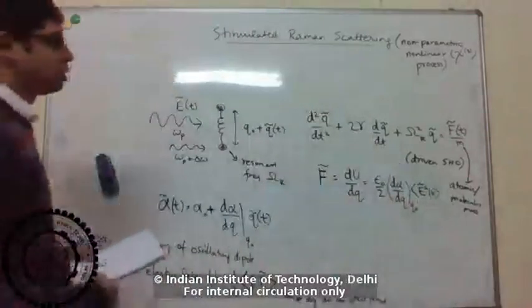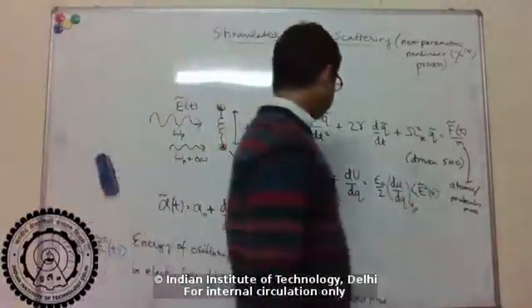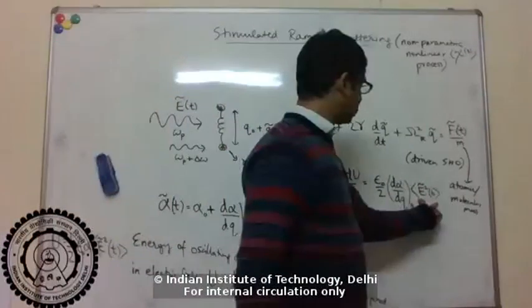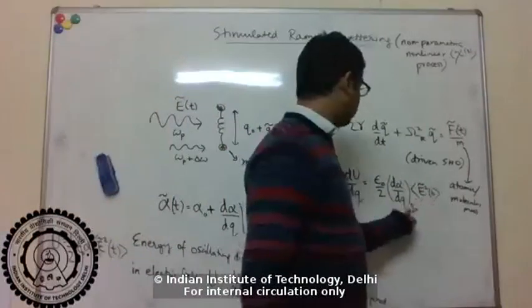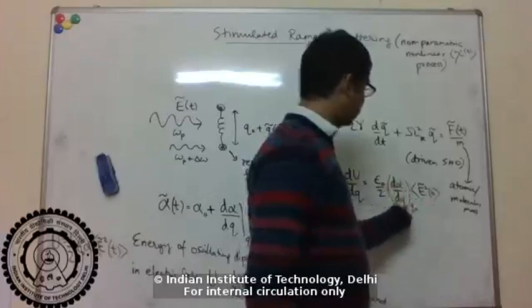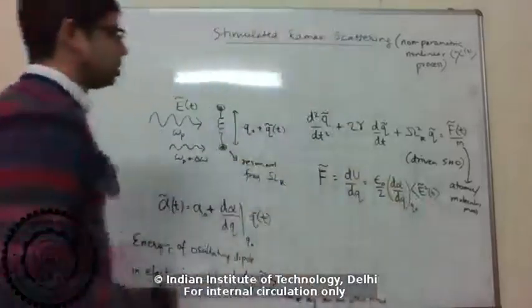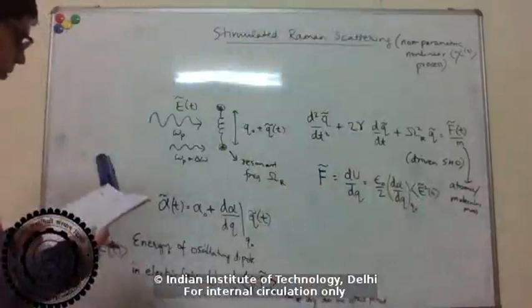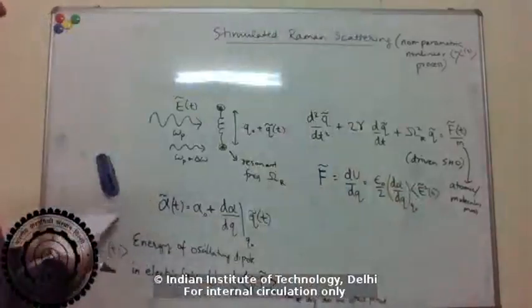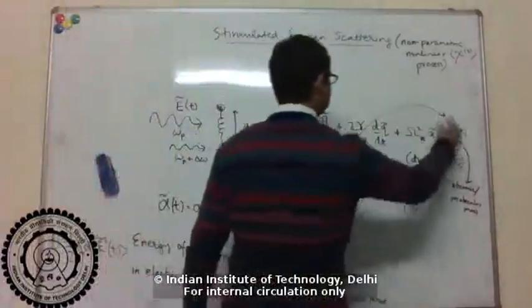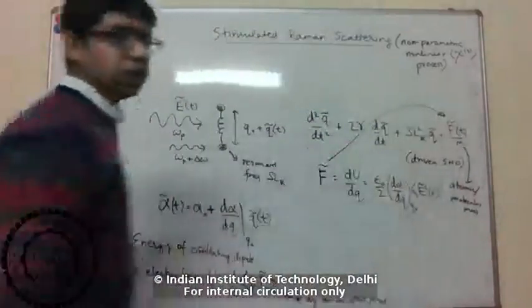So the force will be proportional to E square, times this material constant, which is how the polarizability changes with displacement. And this is the force which is driving the oscillator here.